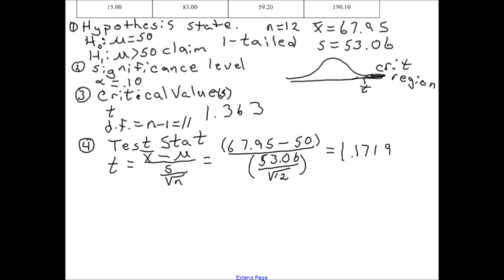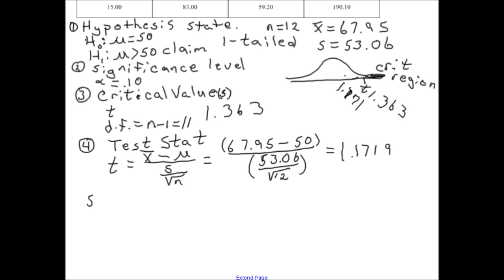Now we have to compare that to our critical value, 1.363, and our 1.1719 is down in the non-rejection region, the non-critical region.